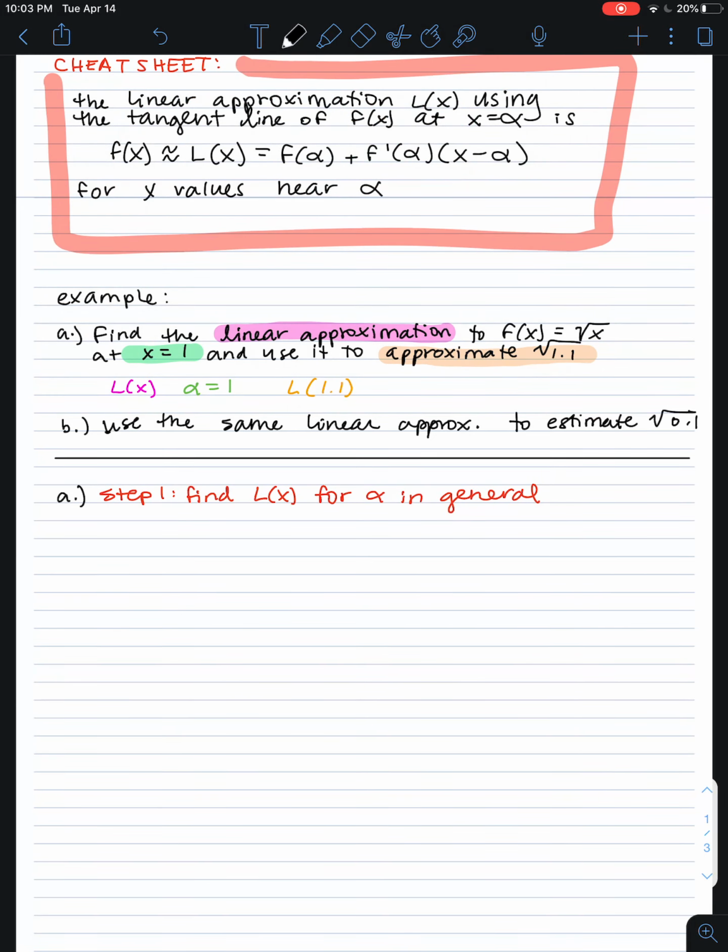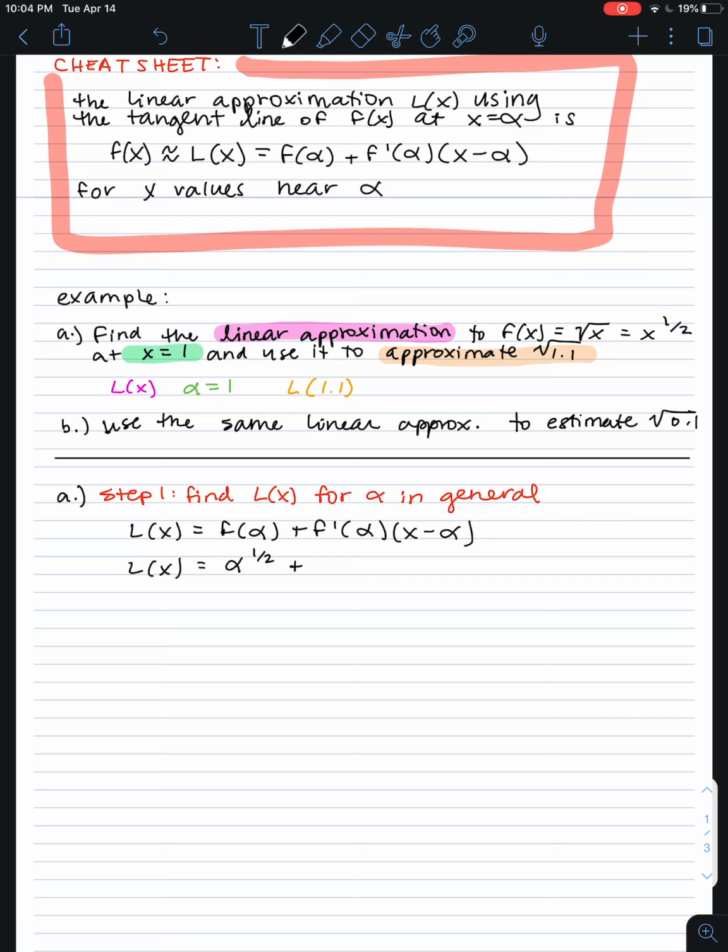So we know that L of x in general is equal to f of alpha plus f prime of alpha times x minus alpha. Okay? And in this case, our f of x is equal to the square root of x, which can be rewritten as x to the 1/2. So we get L of x is equal to alpha to the 1/2, because f is x to the 1/2, and we're plugging in alpha for x.